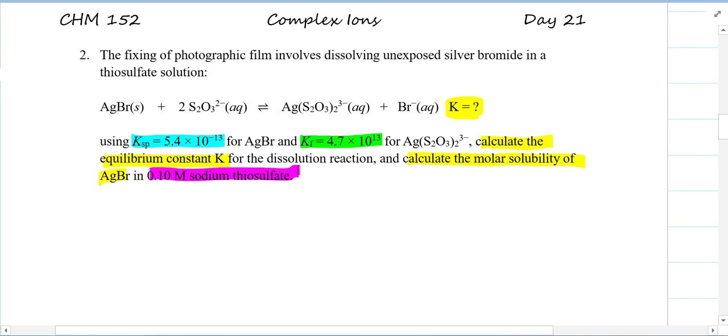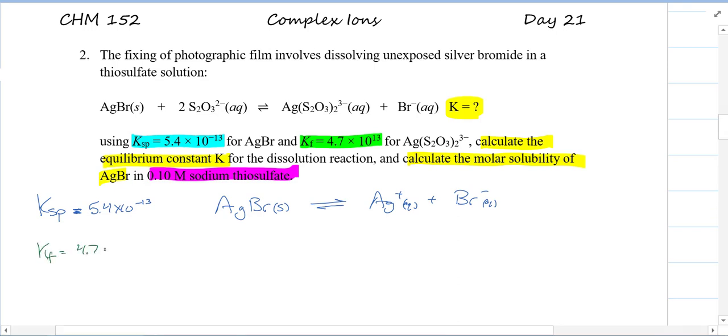Well, Ksp is equal to 5.4 times 10 to the negative 13, and that would be silver bromide solid going to Ag plus and Br minus. Kf is equal to 4.7 times 10 to the positive 13th.